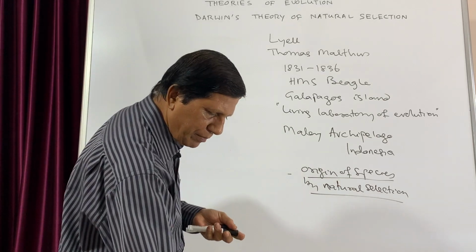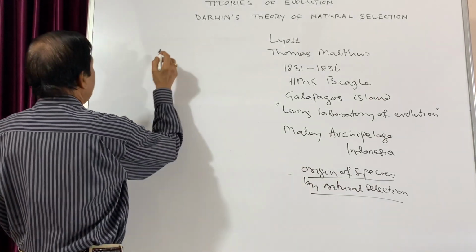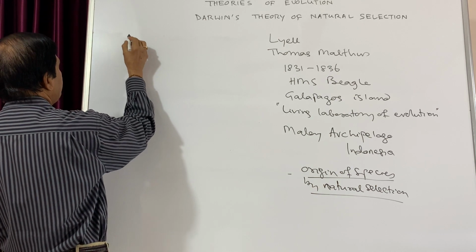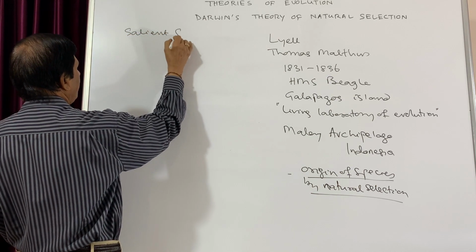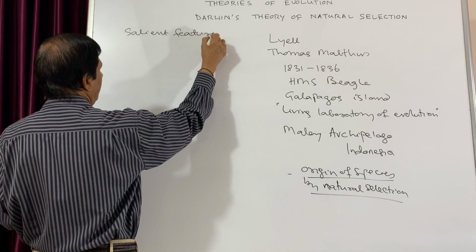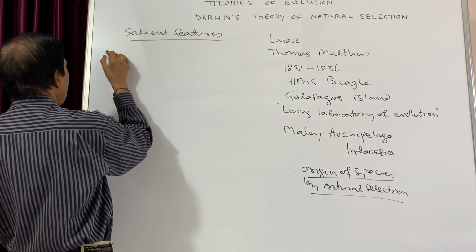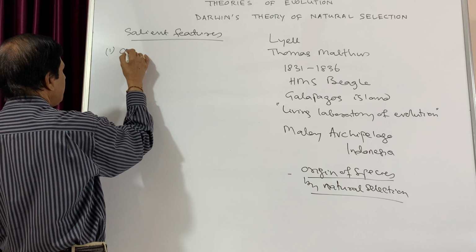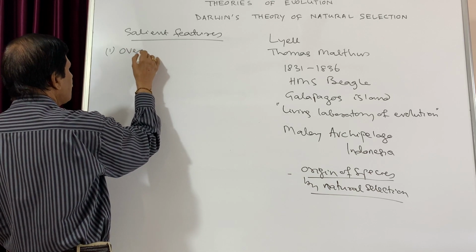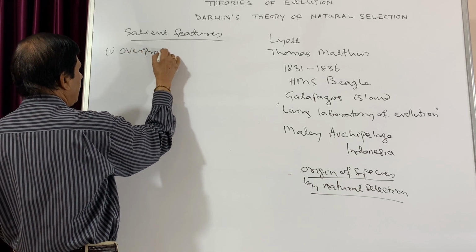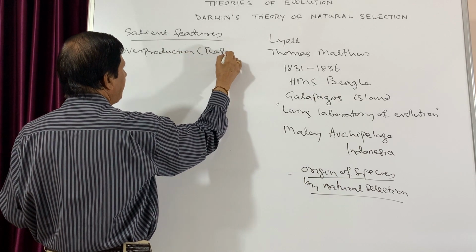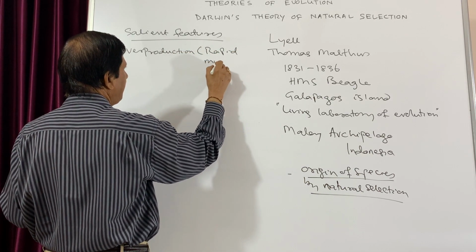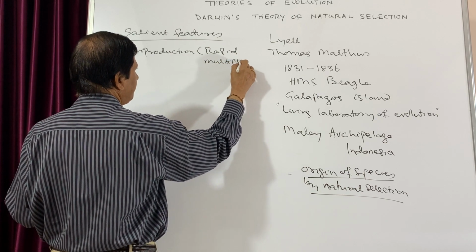The first point of the salient features of Darwin's theory of natural selection is overproduction, which we can also call rapid multiplication.